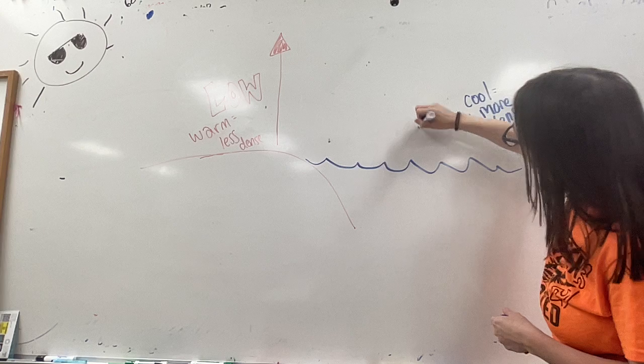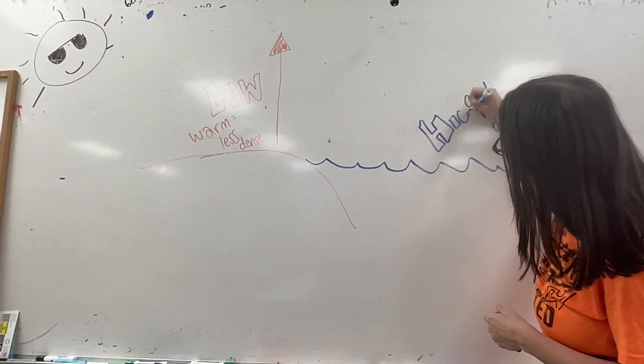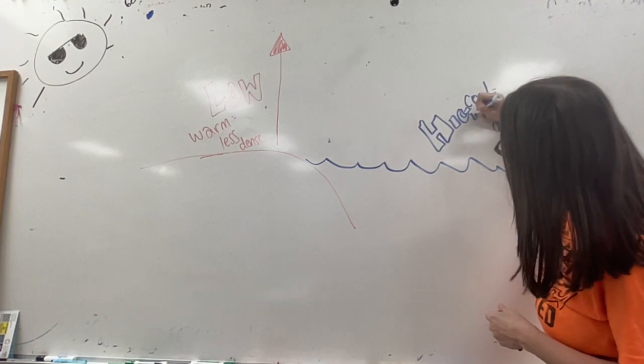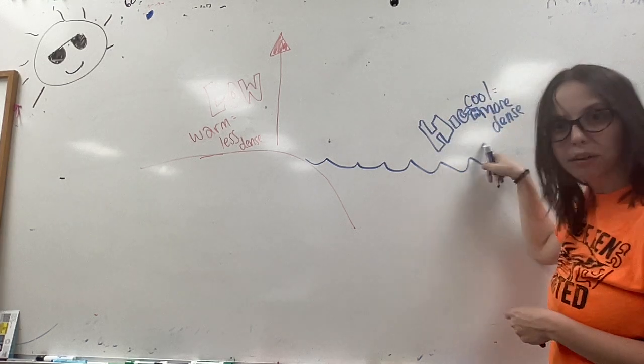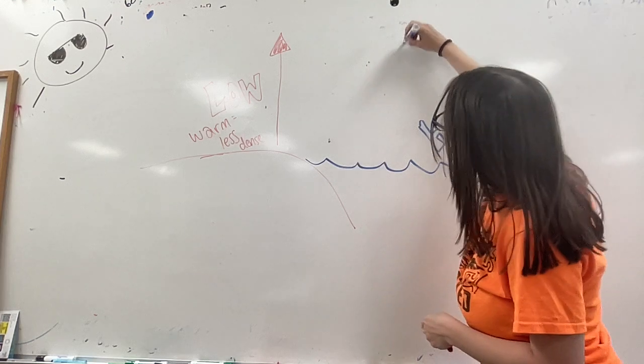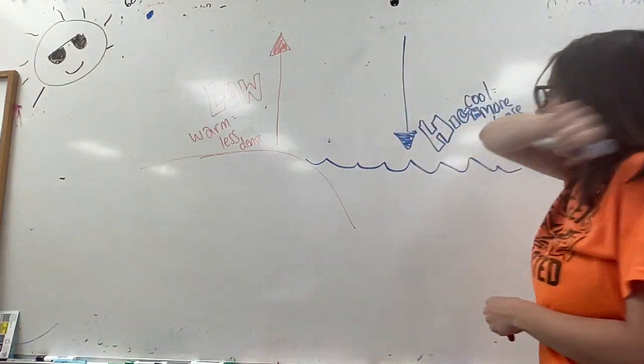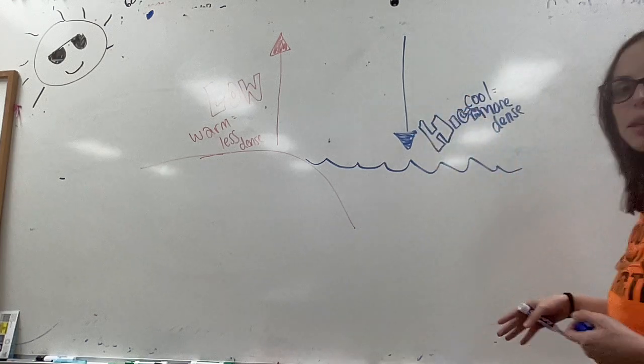That would be high. That says high, everybody. That's what that says, I promise. This is higher pressure. So this air is going to sink. Now we don't have these two areas just existing by themselves.